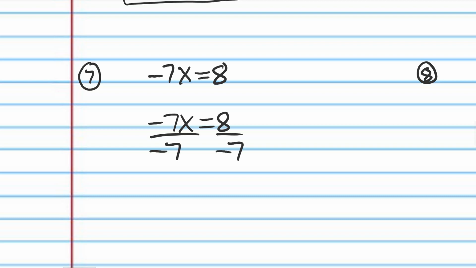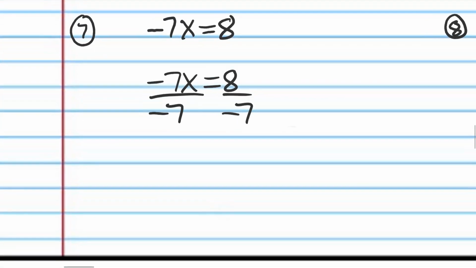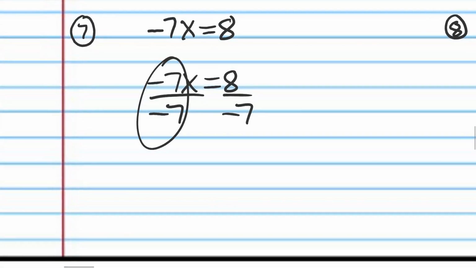And we have to divide both sides by negative 7. We can't just divide one side. I didn't mention that enough in the last 3 or 4 problems. Whatever you do to one side of the equation, you must do to the other side, or else the equal sign is not going to stay true. So now those 7s cancel out, and that's why we did that.